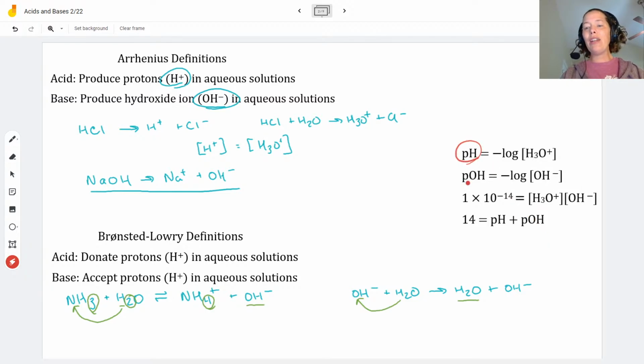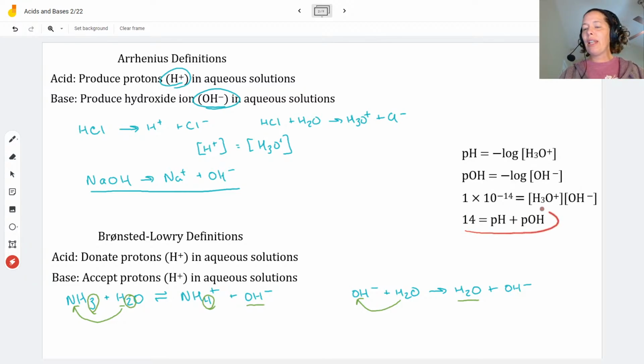So remember, pH and pOH are not only logarithmic scales, but they're inverse logarithmic scales. So they scale with concentration, either concentration of hydronium for pH or concentration of hydroxide for pOH. These two equations also come from the autoionization of water, which again, I'm not going to get into, but I can if that's something that you guys want to see.